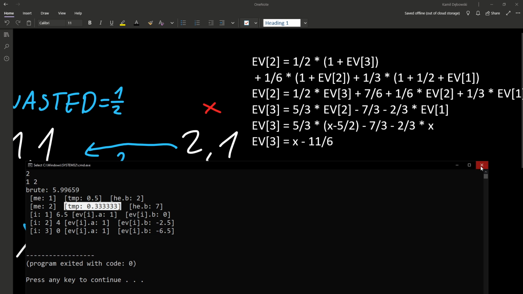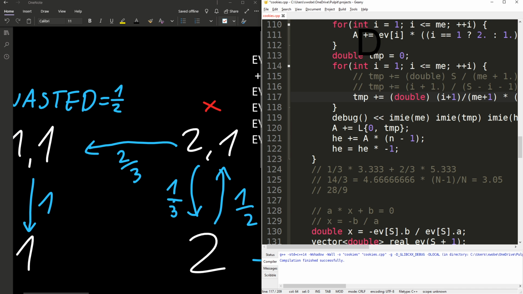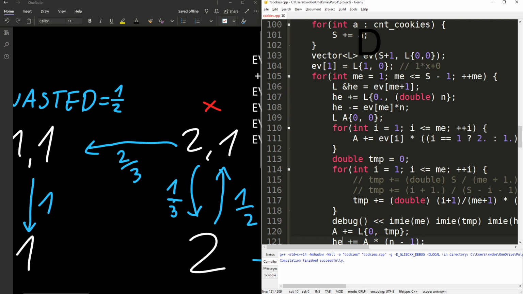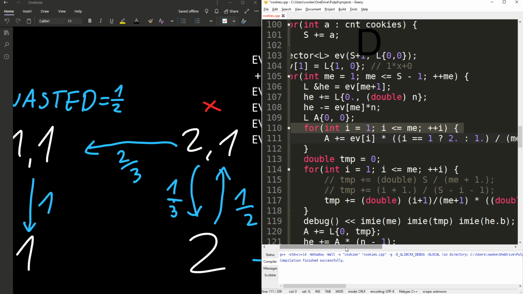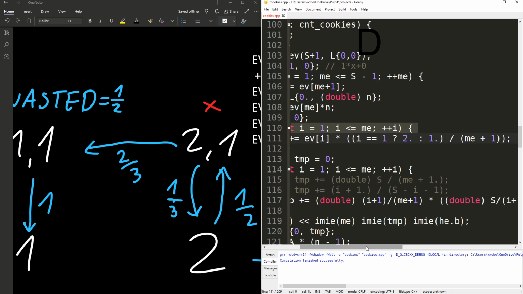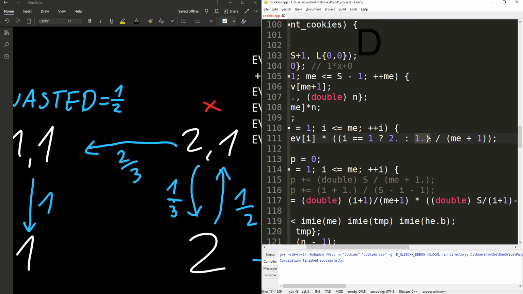Okay, let's check other values. I'm at 2. Iterate over things from 1 to 2 and to A add expected value of 1 times 2/3. There's 2/3 to get to 1. That is right. For 2 it will be 1 over 3. 1/3 to go down.